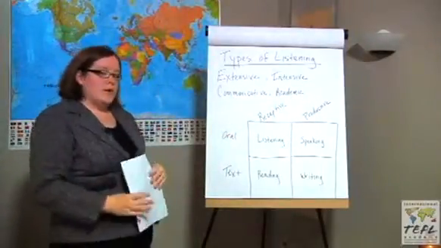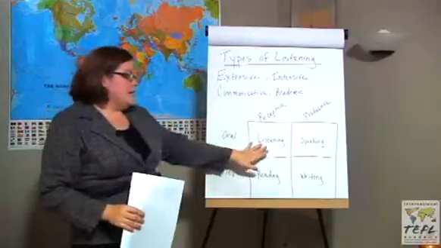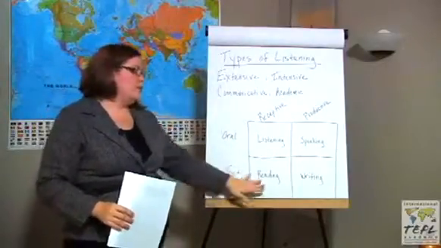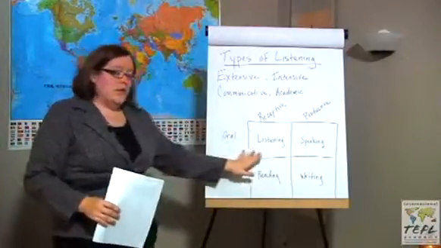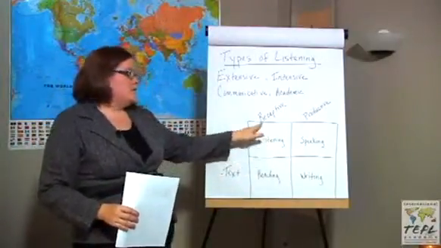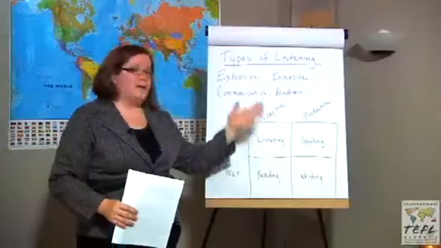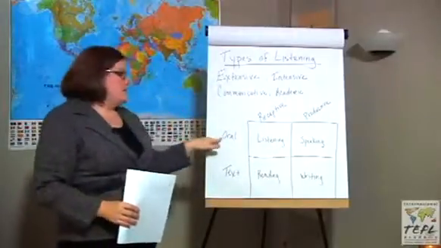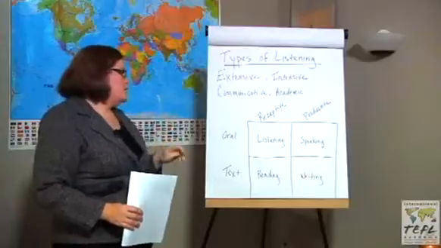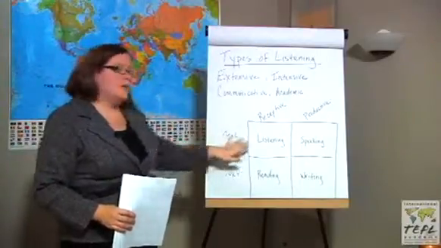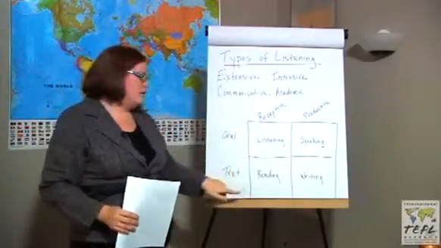So let's also talk about why listening is often paired with reading, like it is in your curriculum. So in this chart, listening is a receptive language skill, meaning you receive it, and it's also an oral skill, or aural, A-U-R-A-L. So let's think about how it looks in comparison with the other areas.